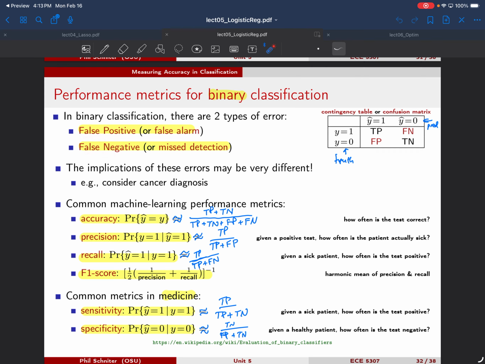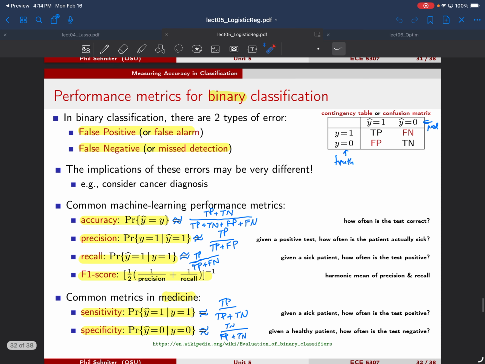And so in some applications, we would like to use some metrics that more carefully distinguish between false positives and false negatives, such as precision or recall, or their harmonic mean, F1 score, or in medicine, we have sensitivity and specificity.